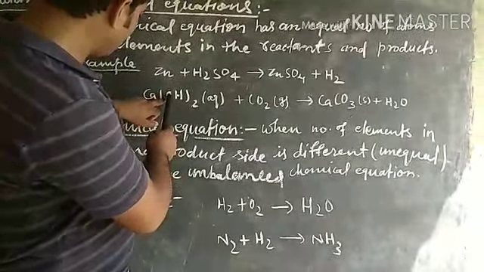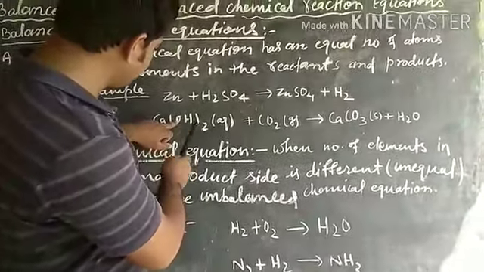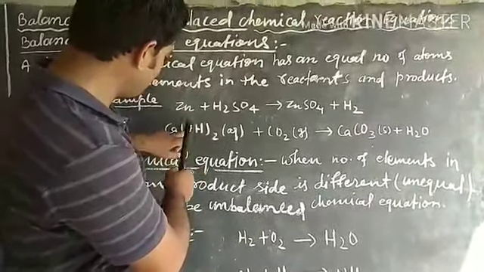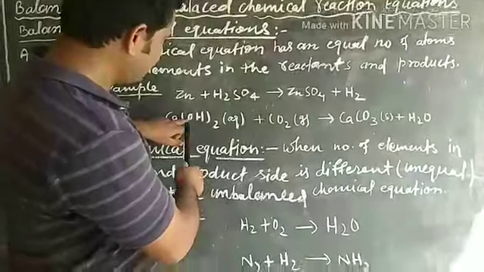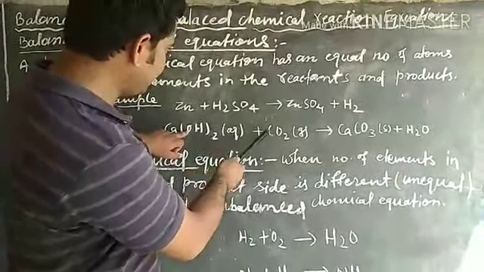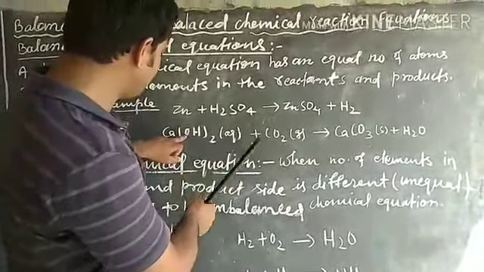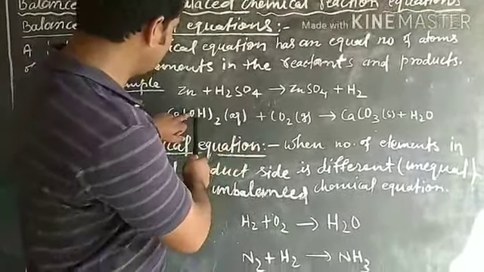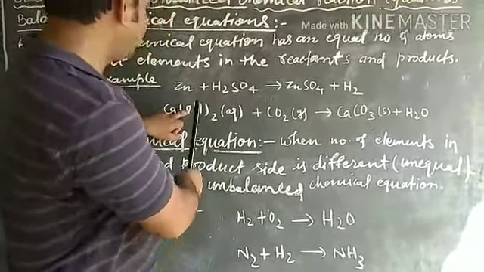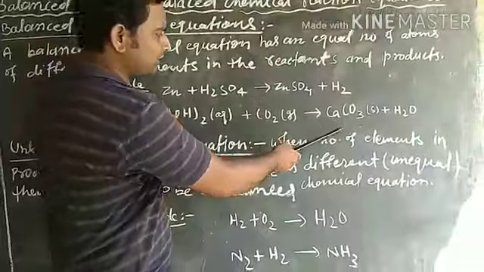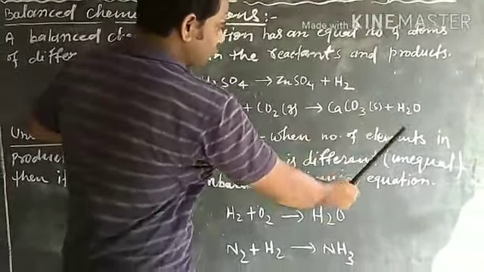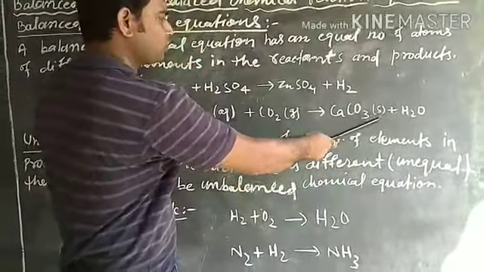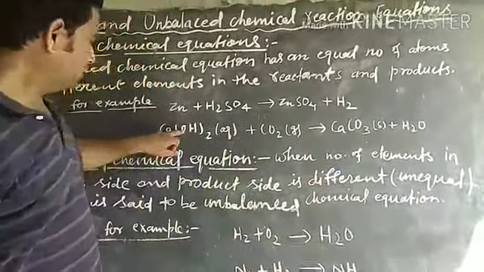In OH, the number of oxygen is 2 and the number of hydrogen is 2, because here it is (OH) whole twice. So on the reactant side the number of oxygen is 4: 2 here and 2, 4. And on the product side, O3 and O, so 3 plus 1, 4. So the number of oxygen atoms is also 4 on the product side.